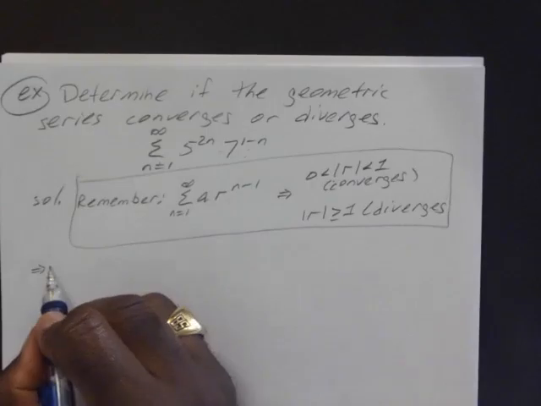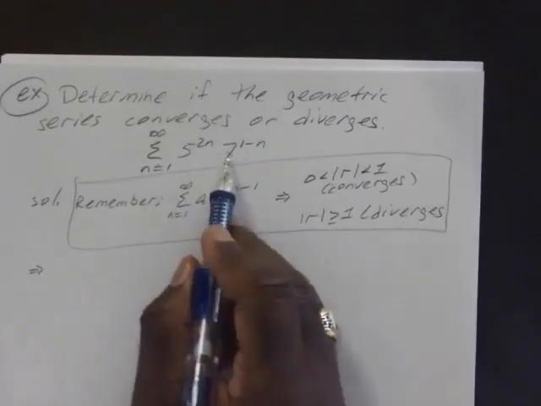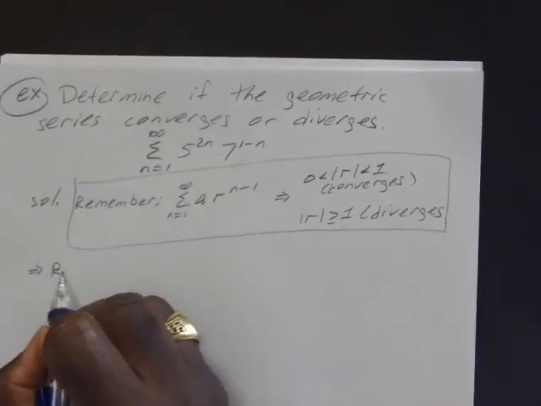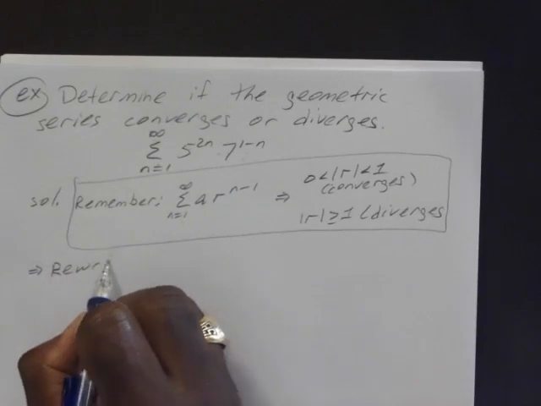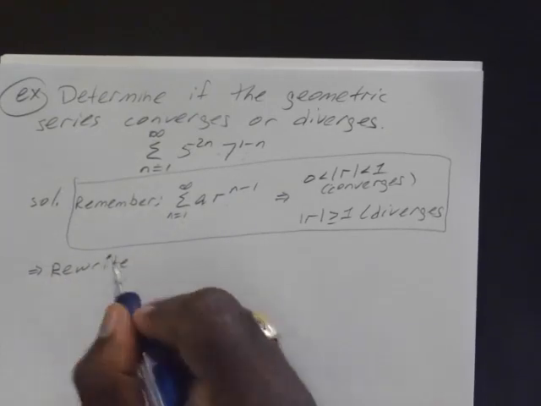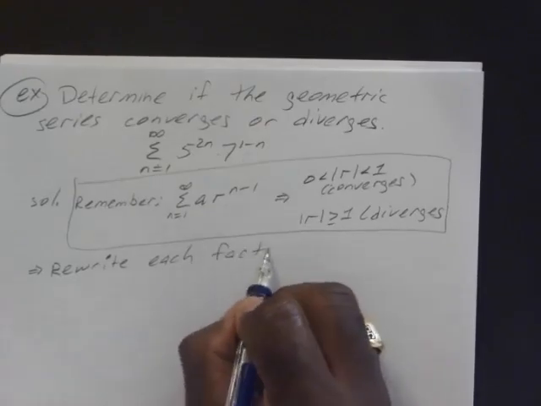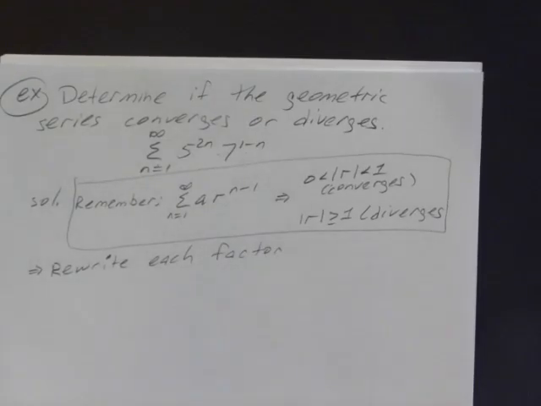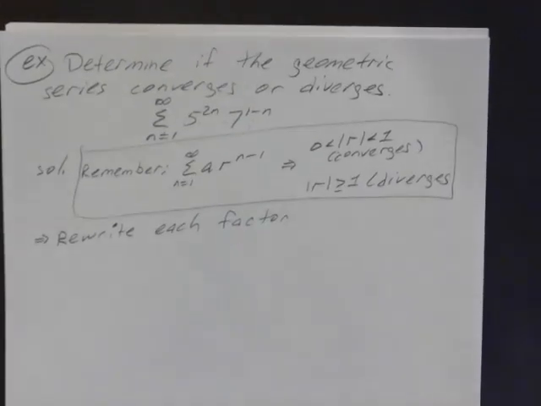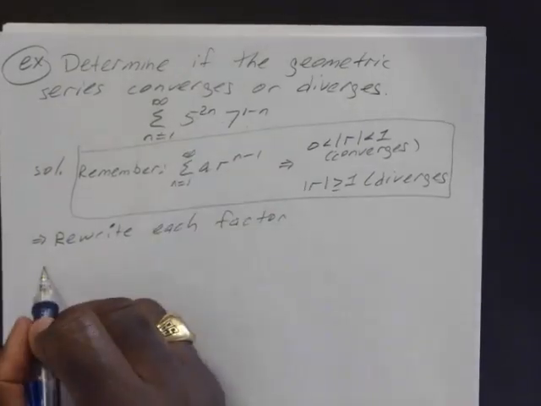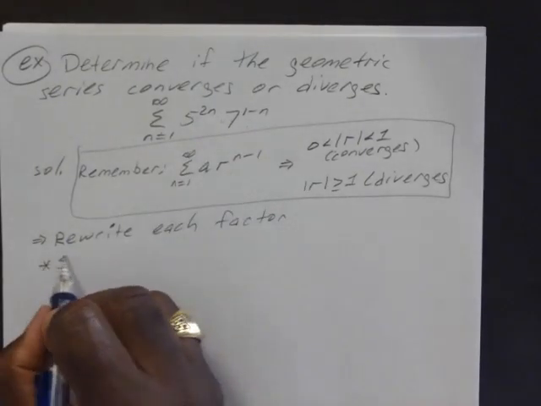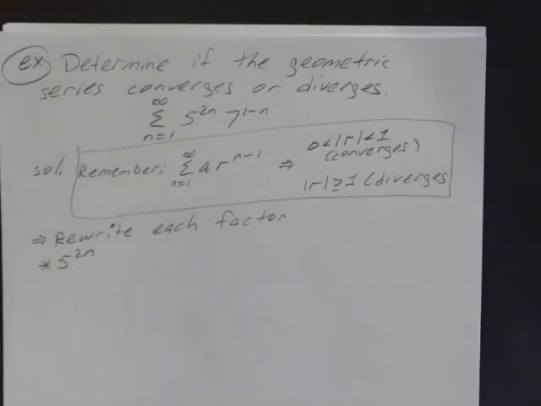Okay, the first thing I would do is, of course, we're going to rewrite each factor. So let's look at 5 to the power of 2n.